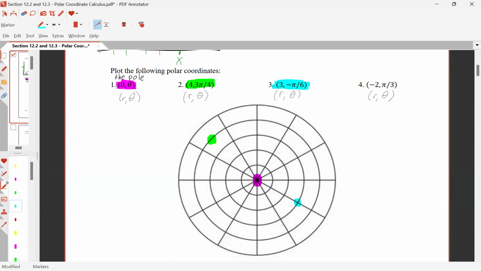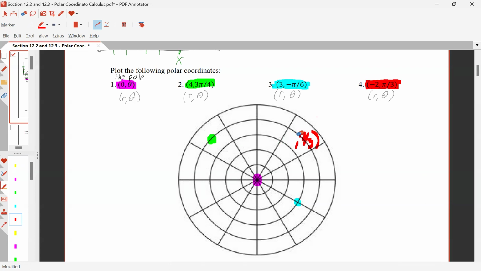And then if we have a negative radius, that does still mean we are on the second circle, but instead we're going to go our angle, so pi over 3.